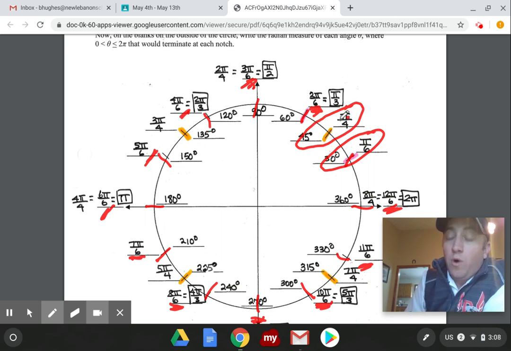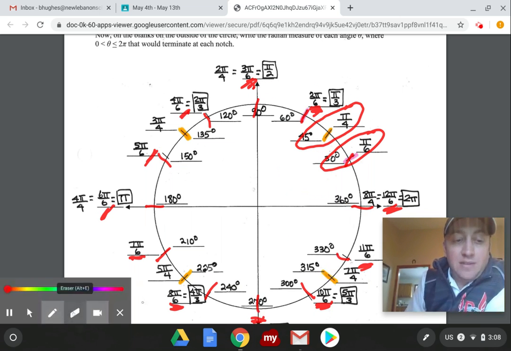So I have 1 pi over 4. If I add another 45 degrees, I have 2 pi over 4, 3 pi over 4, 4 pi over 4, 5 pi over 4, 6 pi over 4, 7 pi over 4, and 8 pi over 4. And then the same thing as previous, I still have to reduce all of those fractions. So, instead of 2 pi over 4, I'm going to call that pi over 2 because that's what it reduces to.